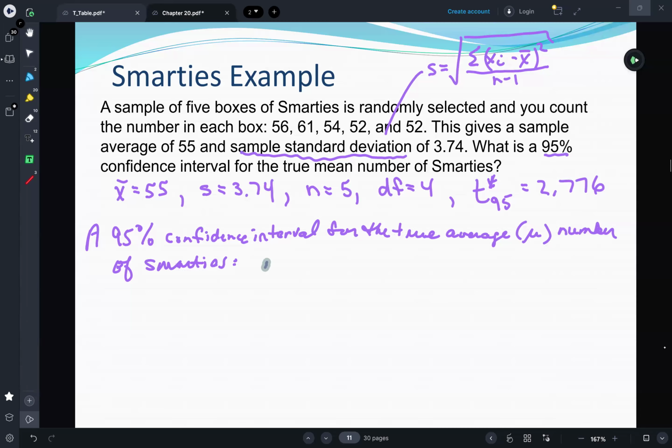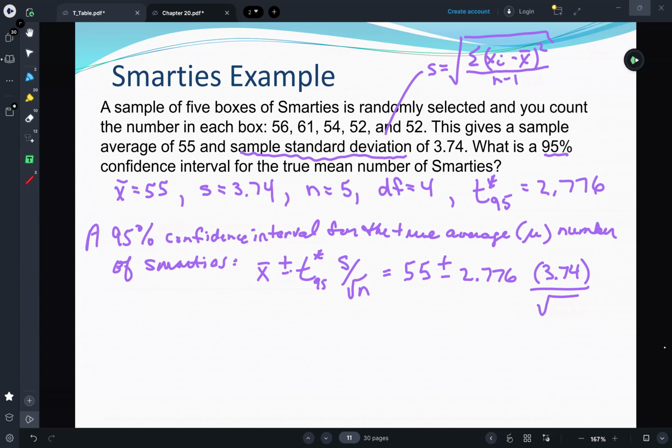It's going to be x bar plus or minus T star, and I'm doing this on 95, times S divided by square root n, which equals, and I just plug these values in, 55 plus or minus 2.776 times S was 3.74 divided by the square root of, what goes in there? 5, right? 5, because our n is 5.